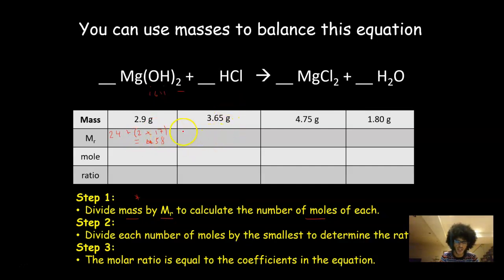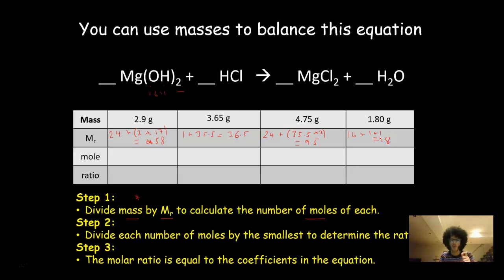The Mr for HCl is 1 plus 35.5, which is 36.5. Your periodic table might just show 35, particularly for AQA, but really it's 35.5. For MgCl2, it's 24, add 2 lots of 35.5. So that's 71, and that's 95 in total. And then for H2O, it's 16 plus 1 plus 1, which equals 18.